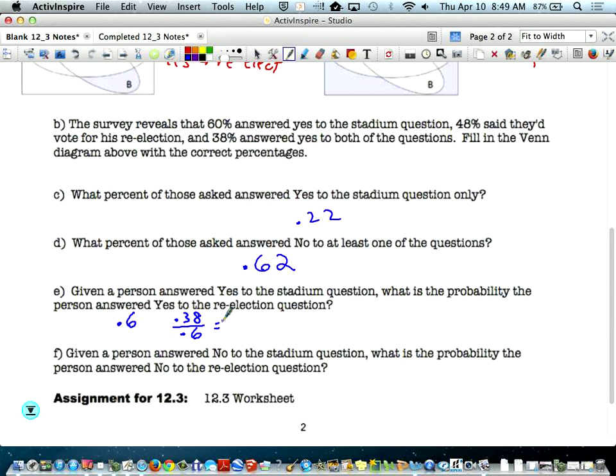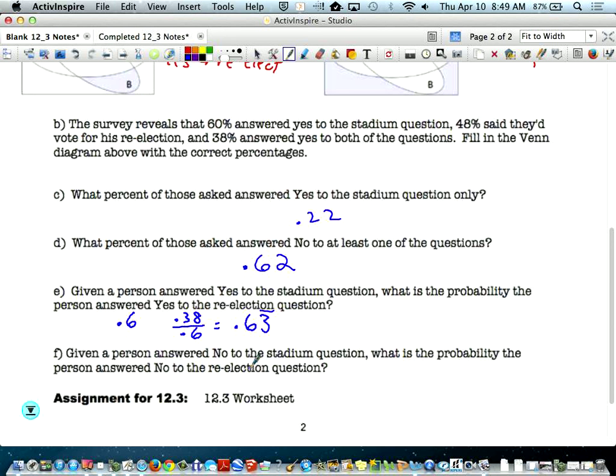That'd be like saying, if there are 100 people, there'd be 38 people out of the 60 people. So what do you get when you do this? 0.63 repeating? Yep.